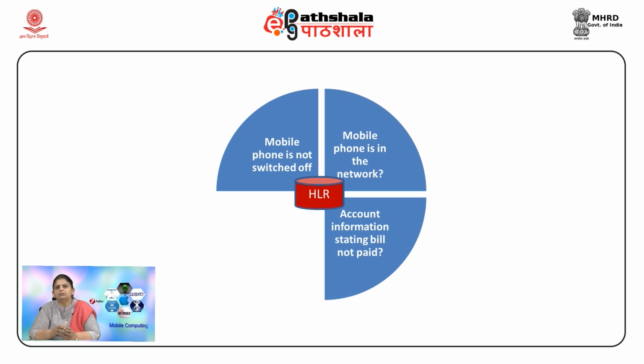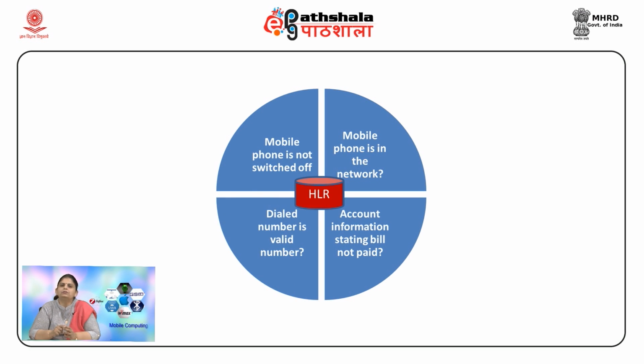This information is also stored in the HLR. And the last thing which needs to be known is that the number which has been dialed is a valid number. So, the identifier related to the mobile phone should be valid. These 4 pieces of information are retrieved from the HLR before the steps are taken to route the call to that particular mobile phone.